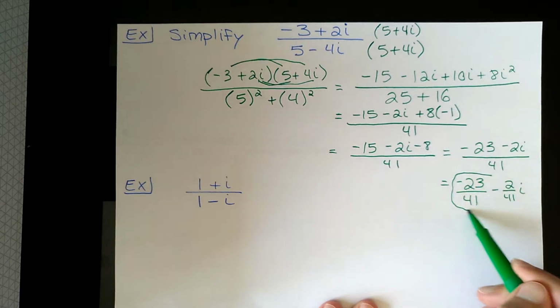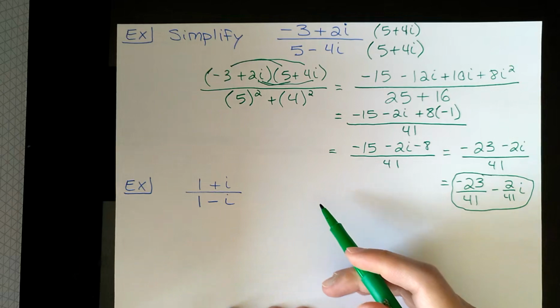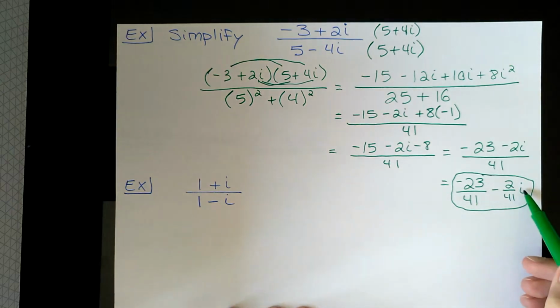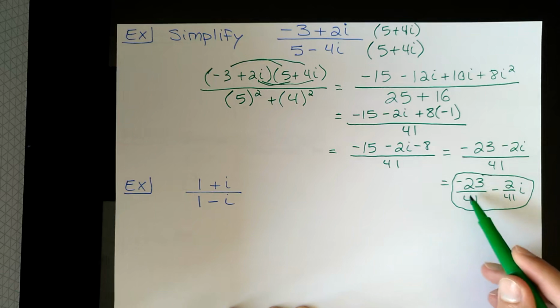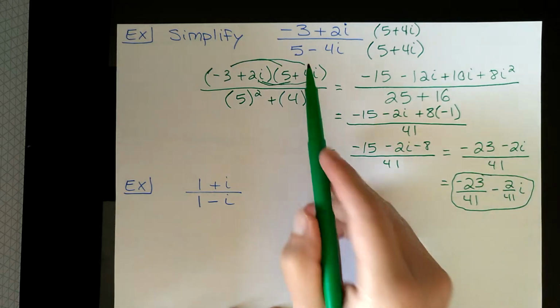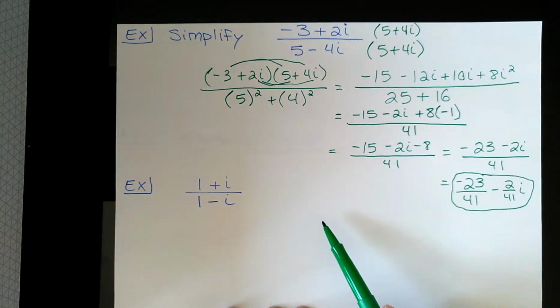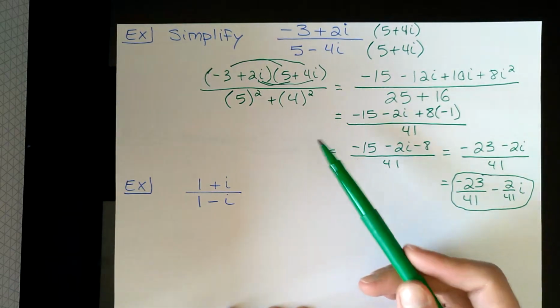We always want to write it in the form a plus bi or a minus bi. The i should not be part of this fraction. That's why we write it separately. So negative 23 over 41 minus 2 over 41 i is the simplified form of this original complex number that's being divided by another complex number.